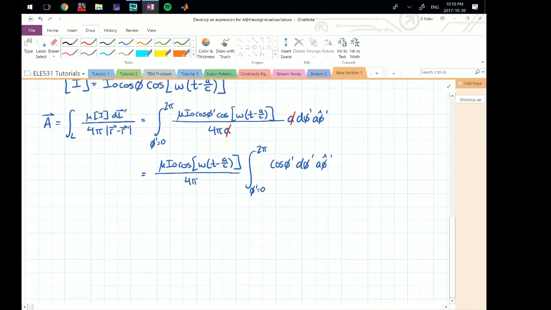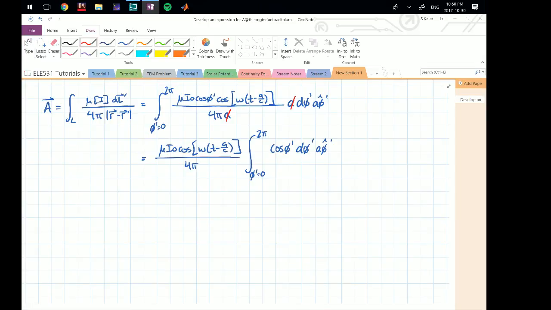Of course you can. If you think about the way that cylindrical coordinates define the unit vectors, you will stumble upon the fact that a phi is described as minus sine phi ax plus cos phi ay. Now what does this mean? This means I can't directly integrate a phi across anything like that.